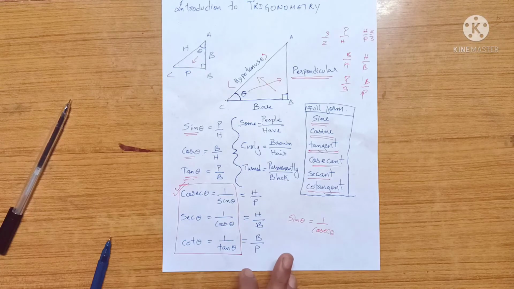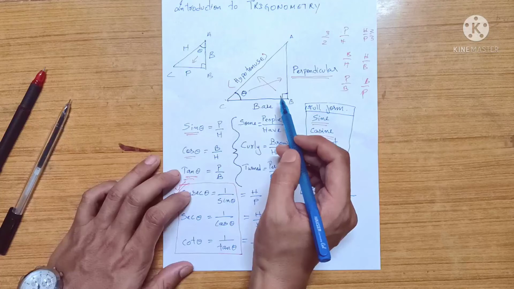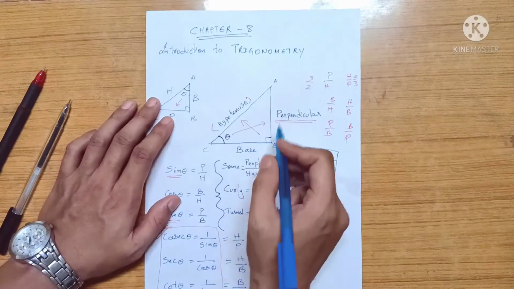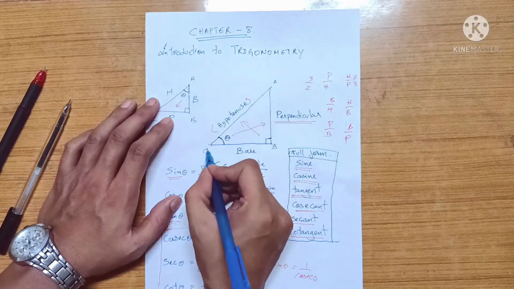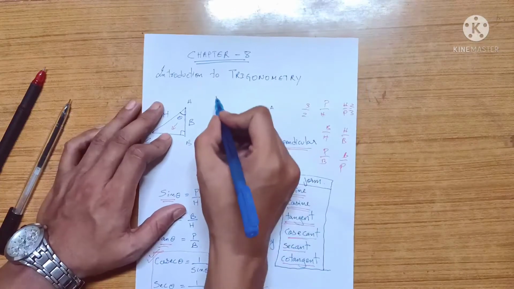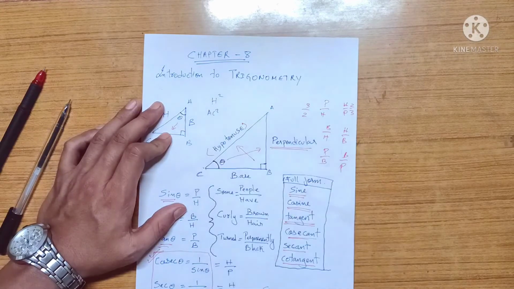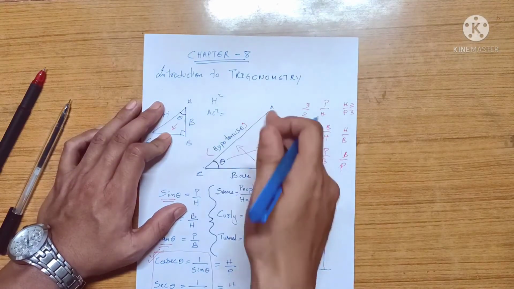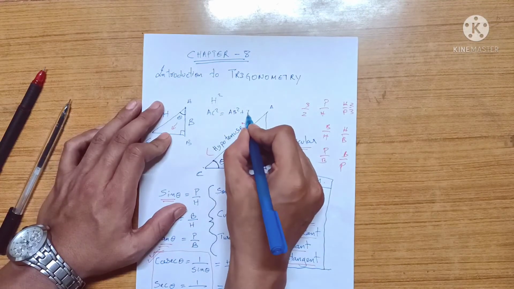Anyway, before we start, let's talk about Pythagoras theorem once. You already know it has to do with a right angle triangle, right? In a right angle triangle, if this is the hypotenuse, which is AC in this case, then hypotenuse square, which is AC square, will be equal to the rest of the sides squared, so AB square plus BC square.